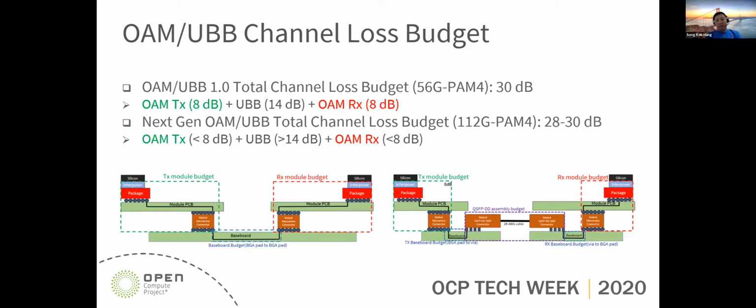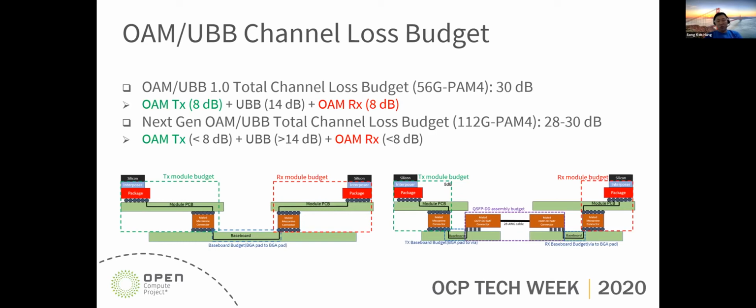For the next generation, the loss budget is very critical for 112 gig PAM4, and the spec itself is still going to be between 28 to 30 dB. But the PCB material and connector tend to have more loss than at 50 56 gig PAM4. This is something the high speed work stream is going to look into and work closely with the OEM supplier.